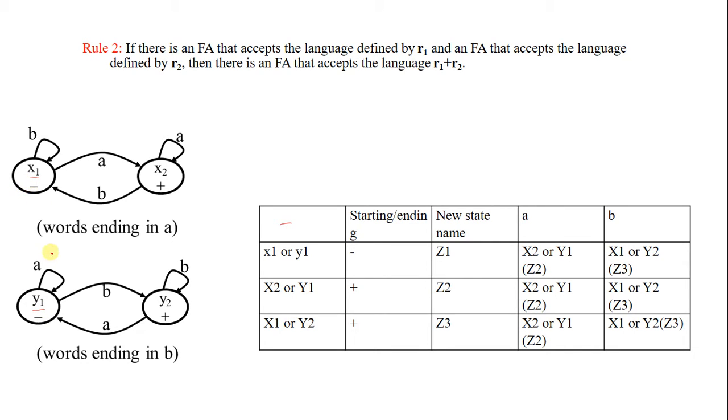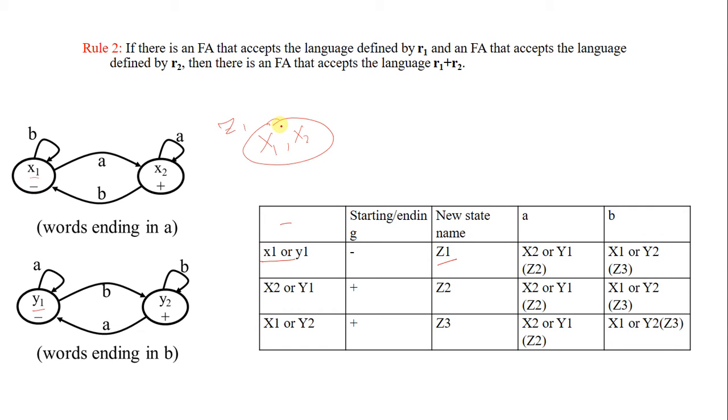So we create a new state that comprises these two states, x1 and y1, and we call it z1. From here we will look for all the transitions which are possible for these two FAs for letters A and B.